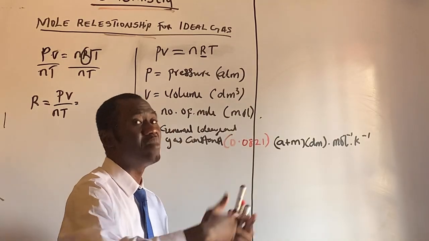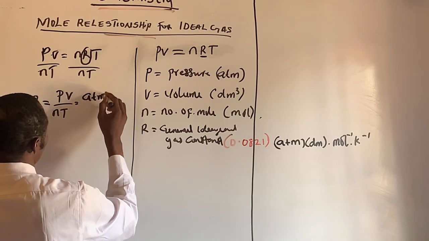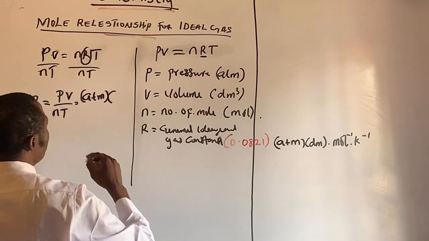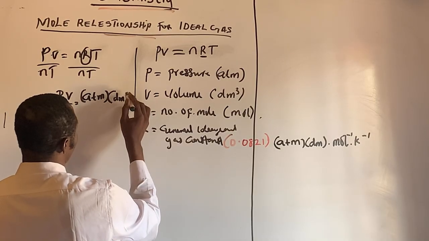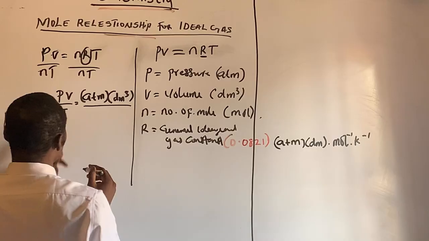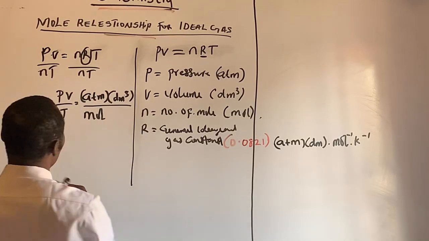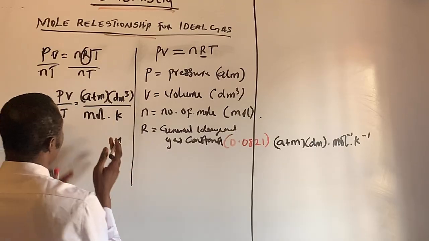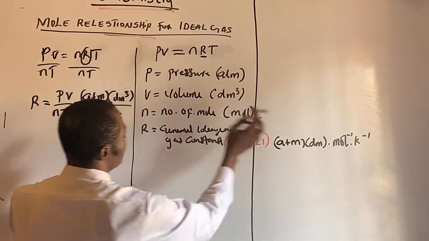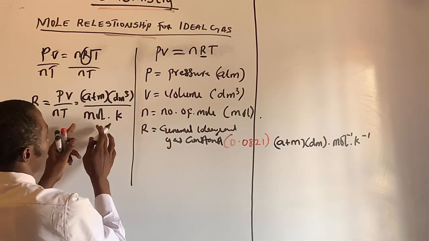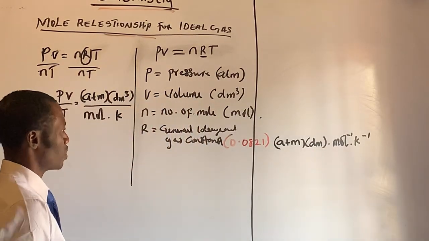If it's given to you in millimeter mercury, convert to ATM. What's the volume? The volume is in dm³. What's the number of mole? Amount of mole is mole. What's the temperature? The temperature is Kelvin. If you do your math, you're going to have ATM times dm³ divided by mole and Kelvin. So that's the unit there.